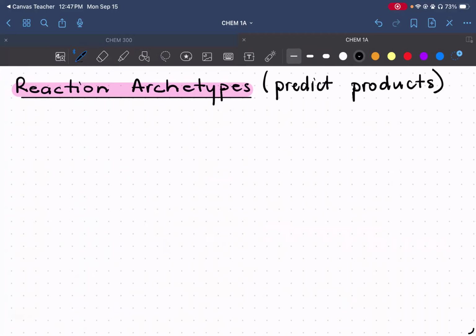The first one we will encounter is known as combustion.